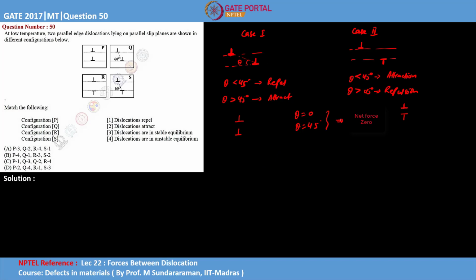In our case, this situation is in P and this situation is in R. So what kind of equilibrium will be there? If such an arrangement is arising, then it is known as stable equilibrium. And if such a configuration is arising, then that will be unstable equilibrium.